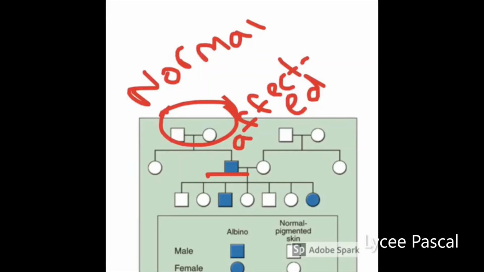So child number 6 has received one abnormal allele, or the albino allele, from one of the parents. Therefore, the albino or affected allele is masked and recessive.